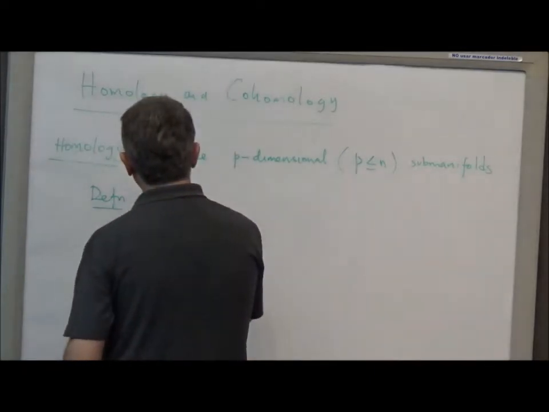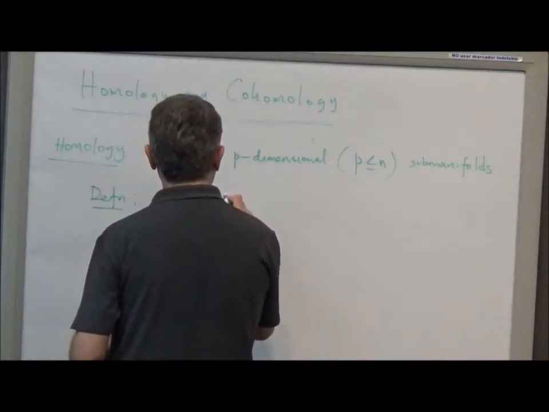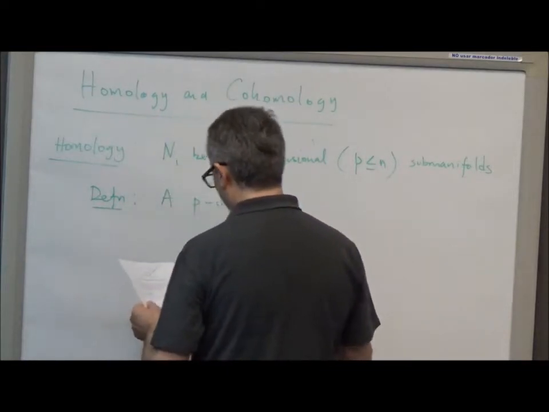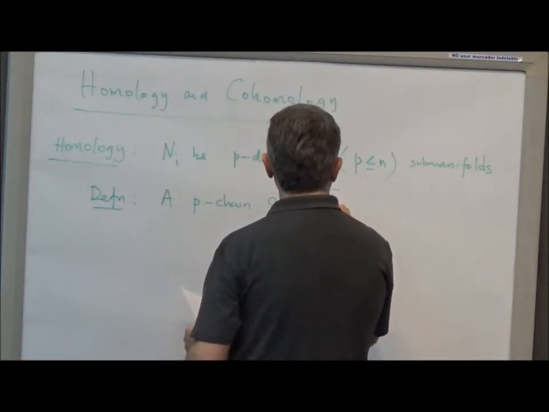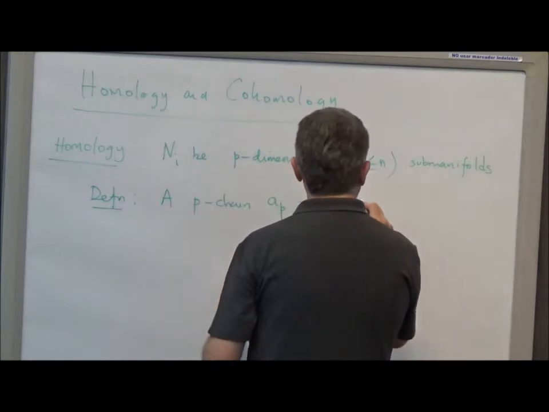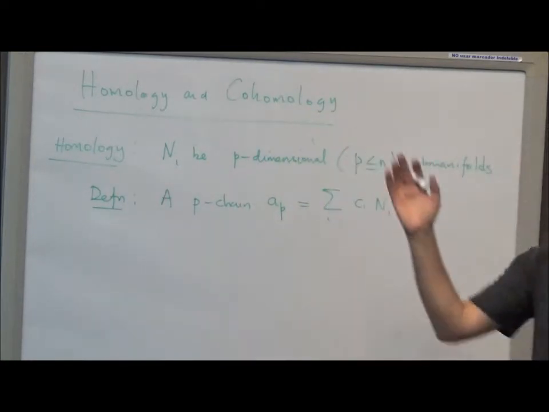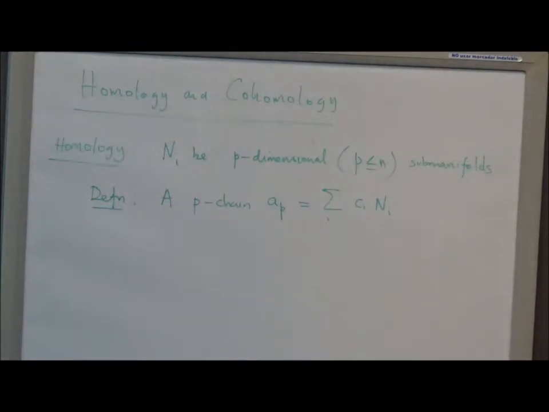A P-chain, A_P, is equal to a sum of coefficients times these submanifolds. So I've got this set of submanifolds, and I just want to sum them.